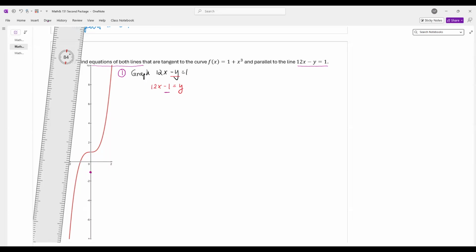And the slope is 12, meaning I go up by 12 units. So this is 11, 12, and then 1 by 1. So it is somewhere here.